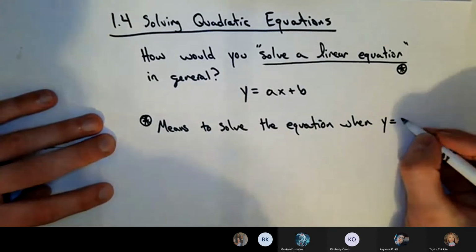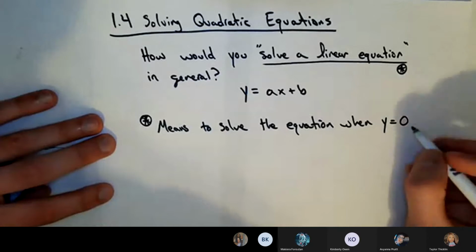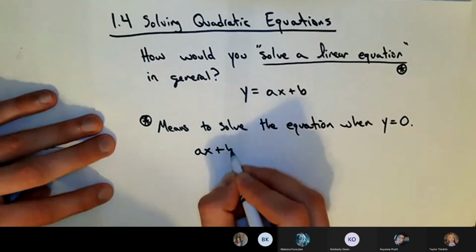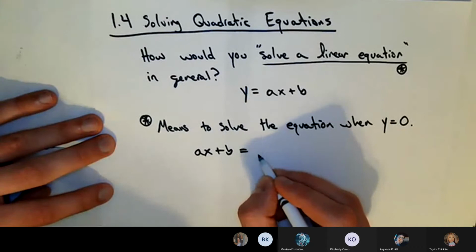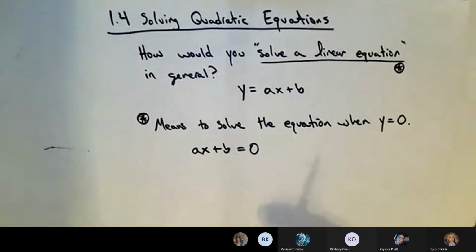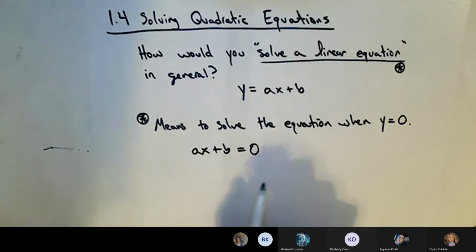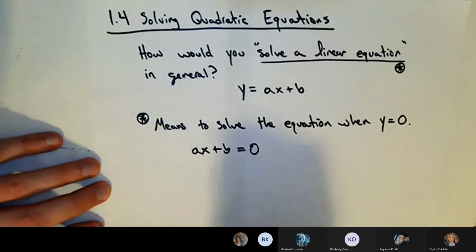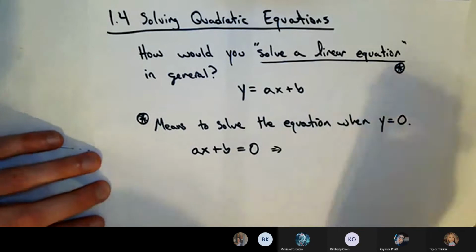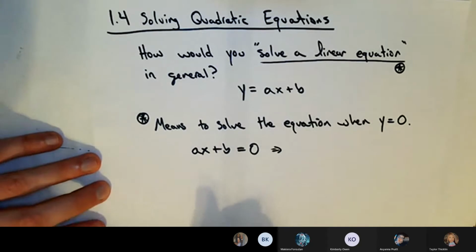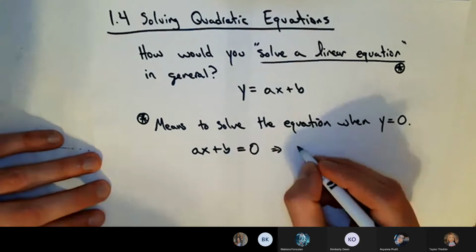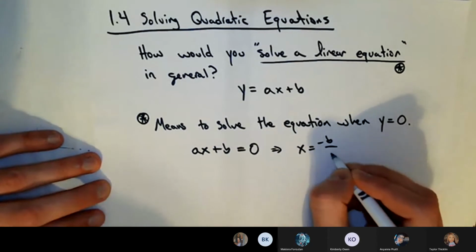In other words, to find the roots of it when y is equal to 0. So when we say to solve a linear equation, or just to solve an equation in general, if we're talking about them in this context, we really mean you're setting the entire equation equal to 0, having an output of 0, and you want to figure out how to solve it. And we can solve this pretty easily in general. You just subtract the b and divide by a, so x would just be negative b over a.